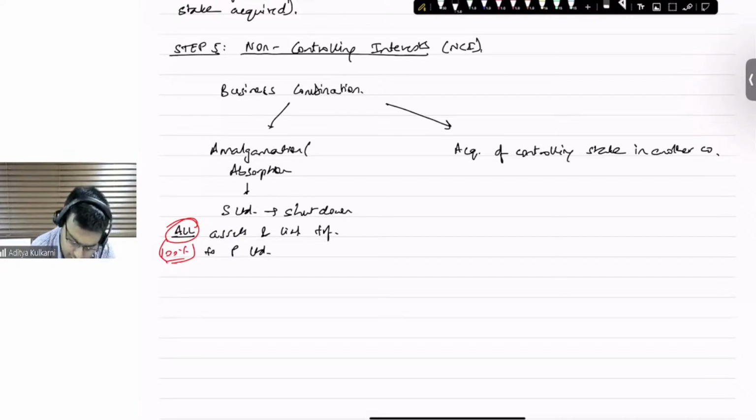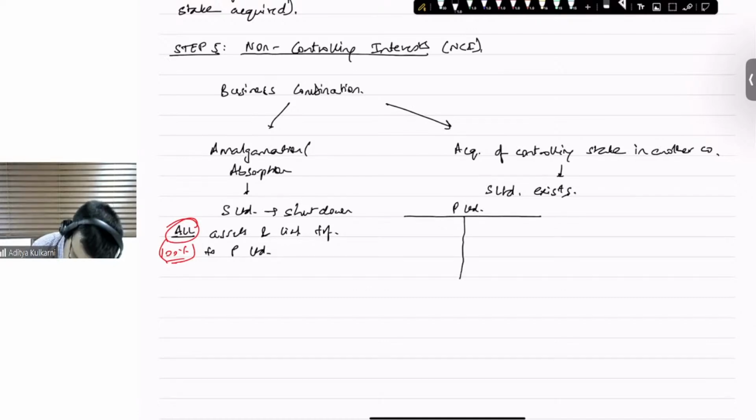In the case of acquisition of a controlling stake, is S Limited shutting down? No, S Limited exists. So what I am going to have is, in P Limited's balance sheet, investment in S Limited.